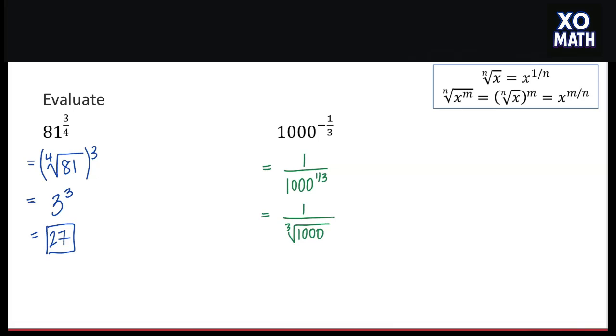So the cube root of 1,000 is 10, because 10 cubed is 1,000. So this is 1/10. Notice the answer isn't negative. That's a pretty common mistake, to somehow make the answer negative when there's a negative exponent. But remember, that just brings it to the other side of the fraction bar.